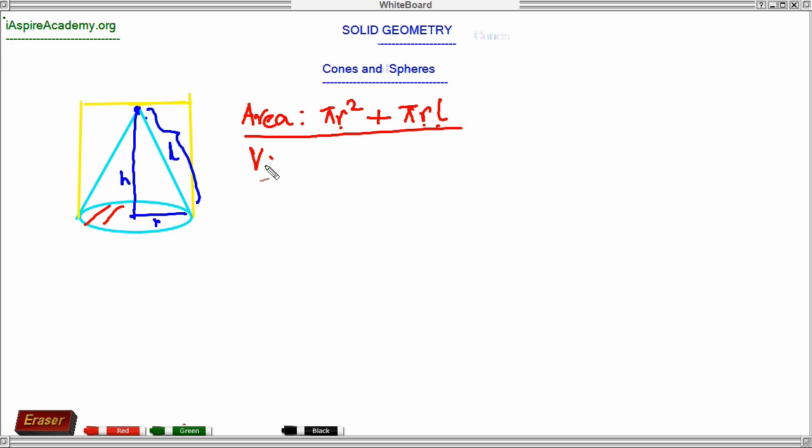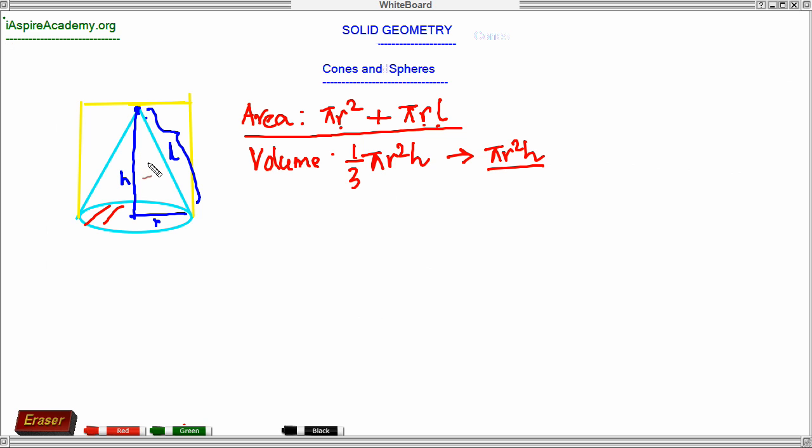Now the volume of the cone is 1/3 pi r square h. Those of you who have done the cylinder know the volume of the cylinder is pi r square h, and we discussed ways to remember that.